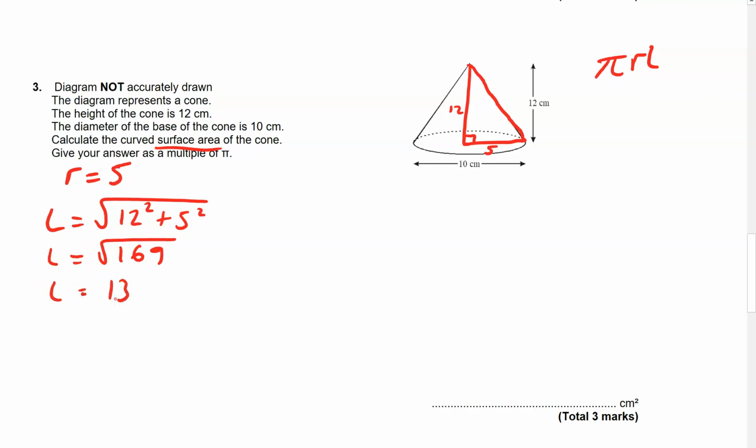Okay, so L is 13, R is 5. Curved surface area is pi times R times L, which is 65 pi. It wants it as a multiple of pi, so I don't need to do anything else.